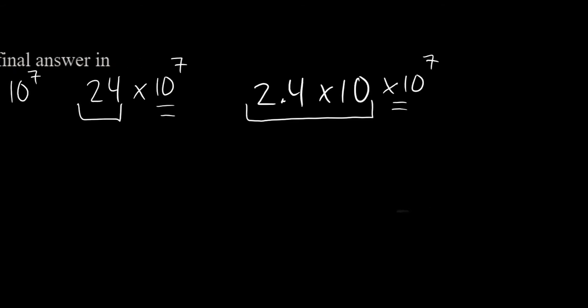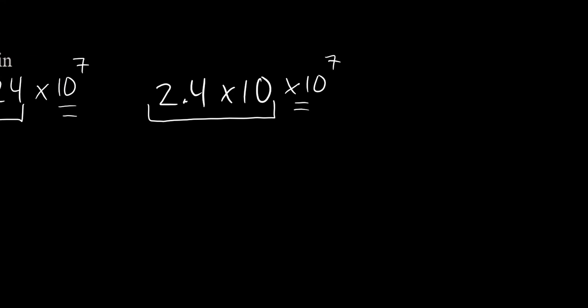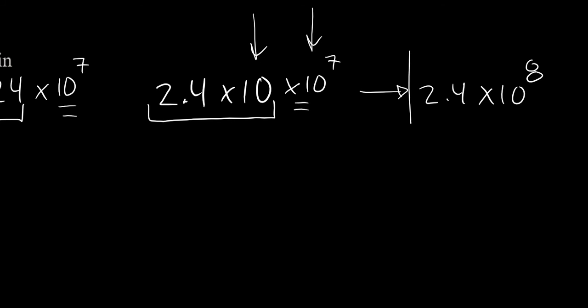And then I can simplify this. I've got a single factor of 10 and 7 more factors of 10. So what we're looking at here is 2.4 times 10 to the 8th power. So this is my answer, and it is written in scientific notation.